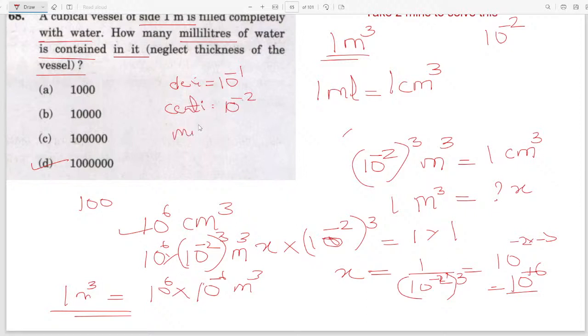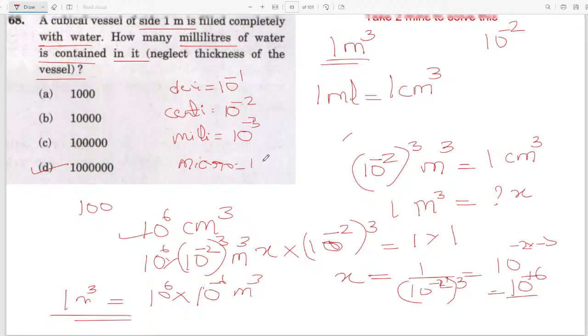Milli is 10 raised to minus 3. And micro is 10 raised to minus 6. If you remember at least these things, you can solve the question.